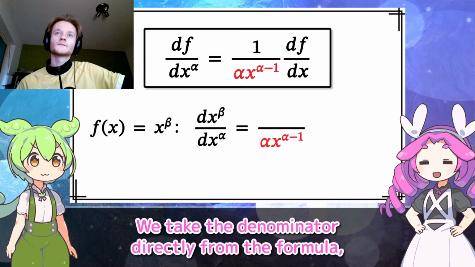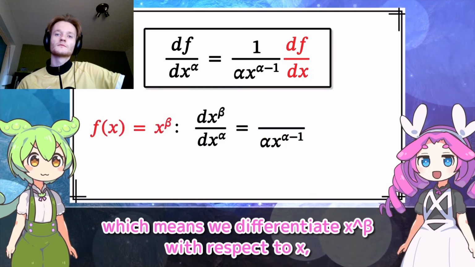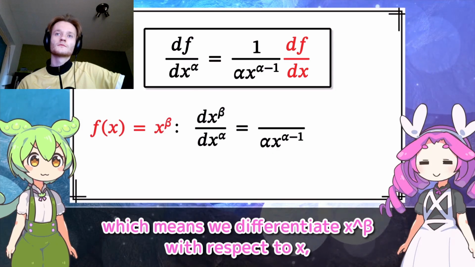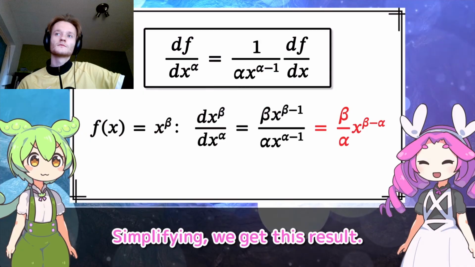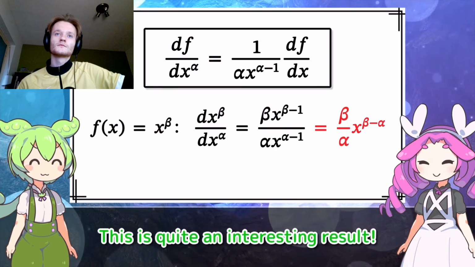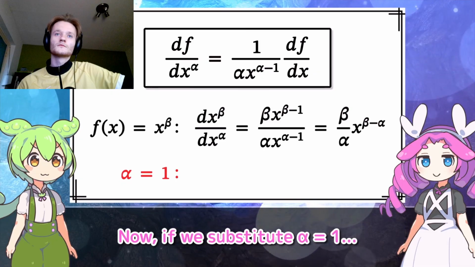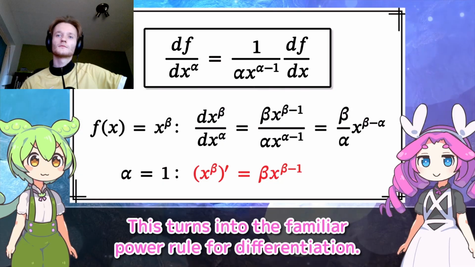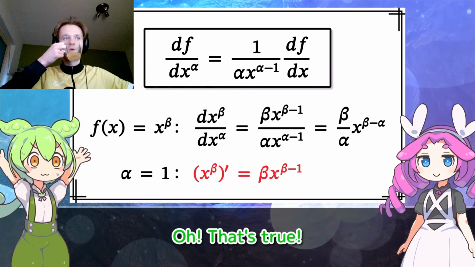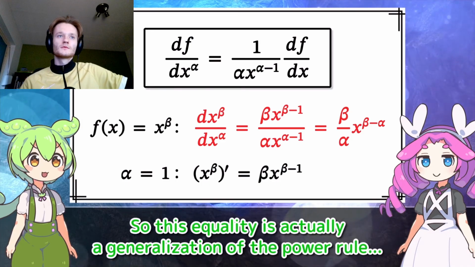We take the denominator directly from the formula, and then differentiate f in the usual sense, which means we differentiate x to the beta with respect to x, and it becomes like this. Simplifying, we get this result. Now, if we substitute alpha equals 1, this turns into the familiar power rule for differentiation. So this equality is actually a generalization of the power rule.